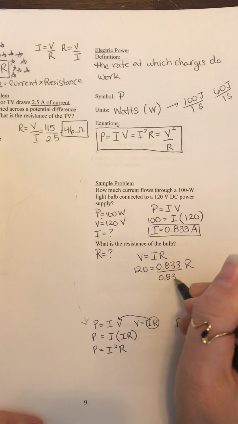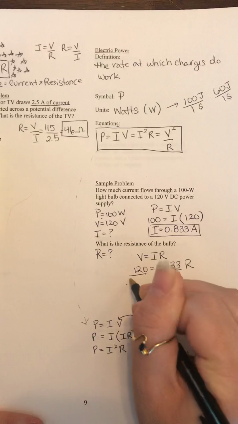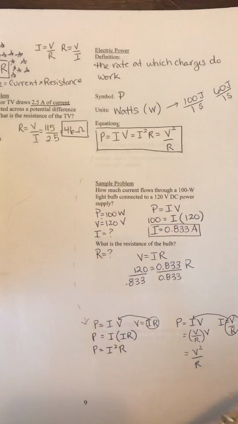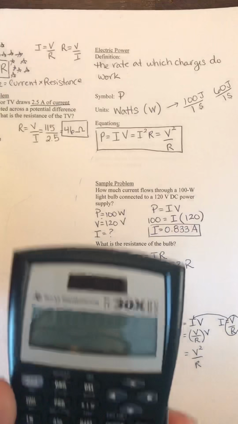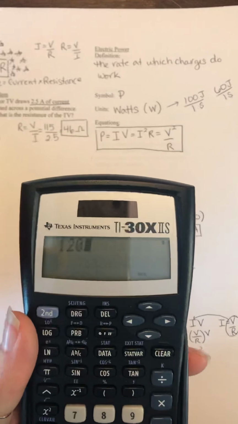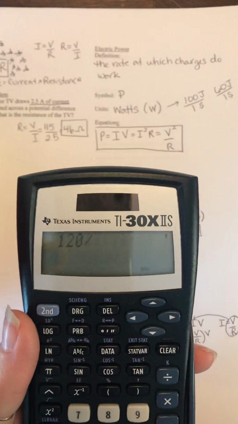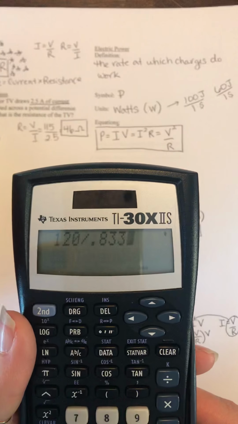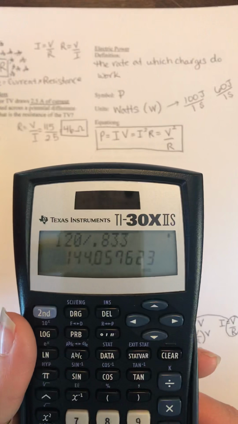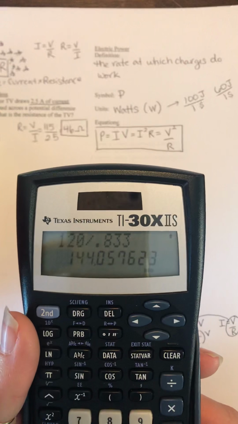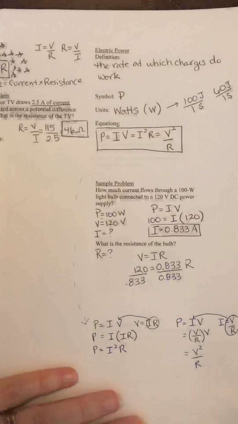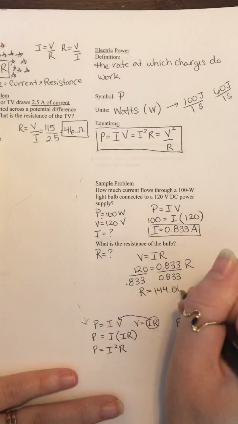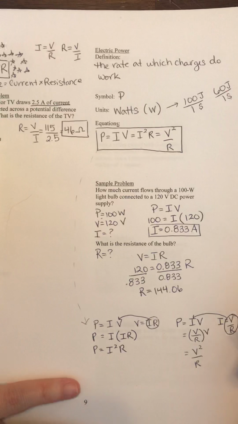So you should be good to go to take our voltage and divide by our current to find that our resistance is 144.06. What are the units again of resistance?